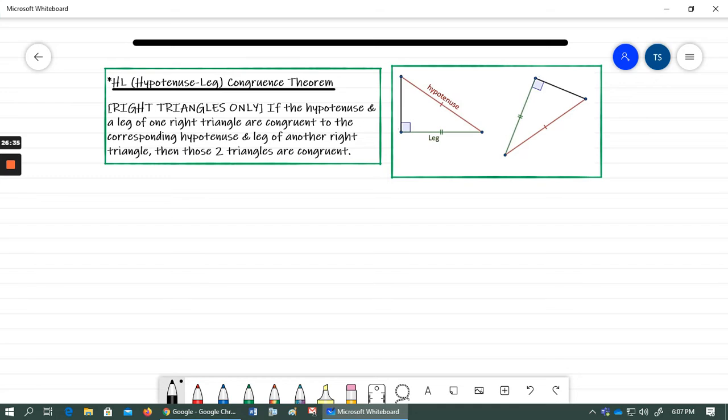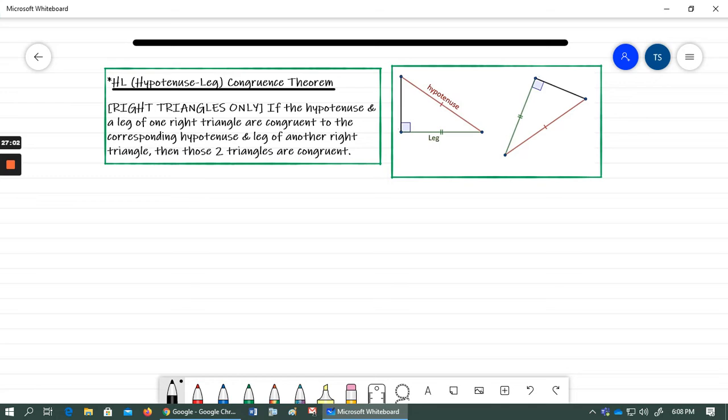Remember that the term hypotenuse is very specific to right triangles. You will only hear the word hypotenuse used in math when we are talking about right triangles. So this congruence theorem only works for right triangles.